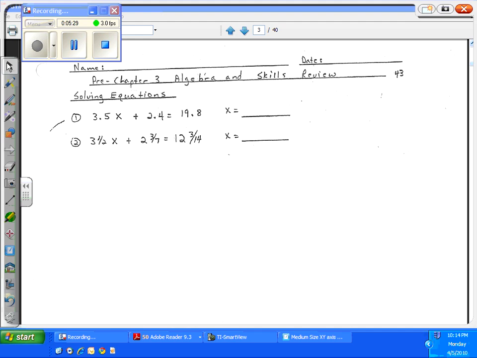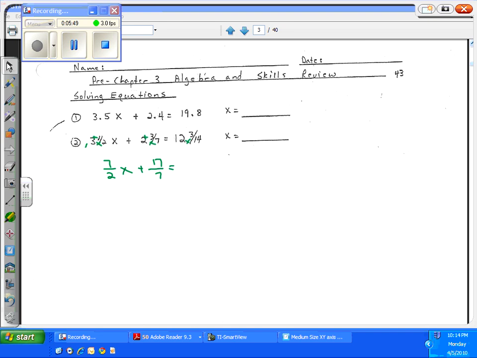What we're going to do is we're going to change these to improper fractions. We're going to take 3 times 2 is 6 plus 1 is 7 and get 7 over 2x. And then 7 times 2 is 14 plus 3 is 17 over 7.